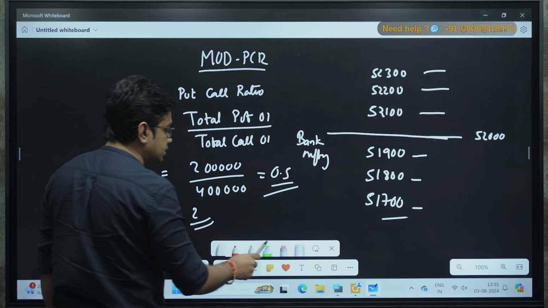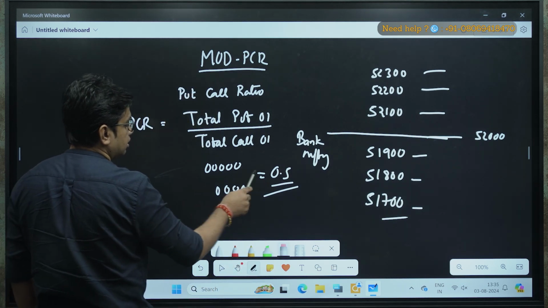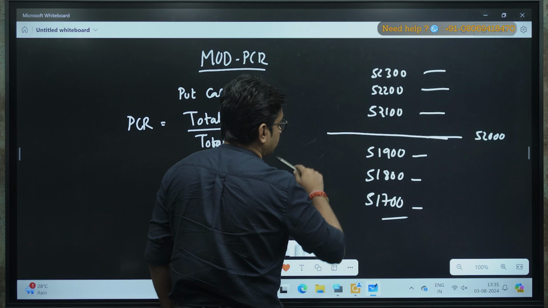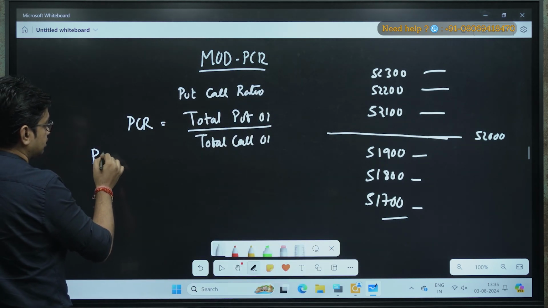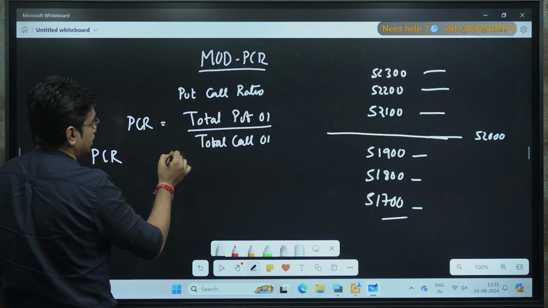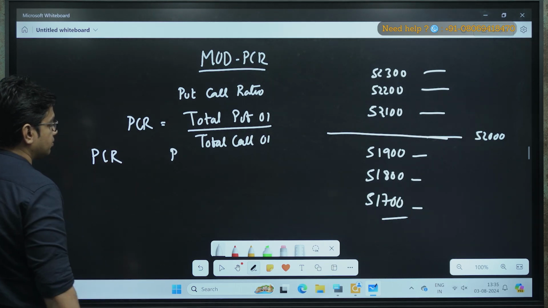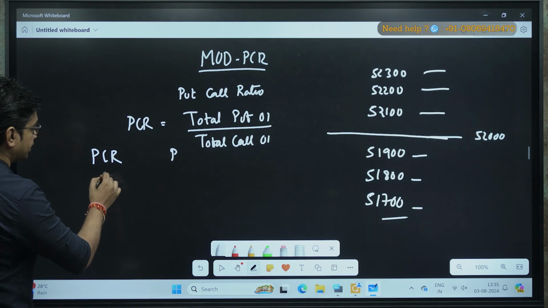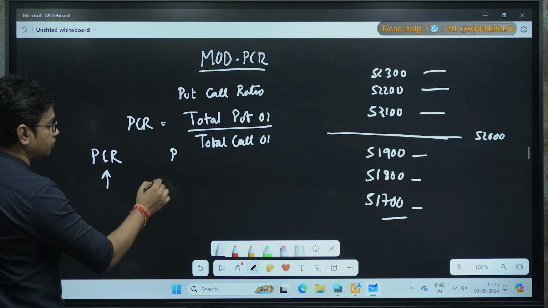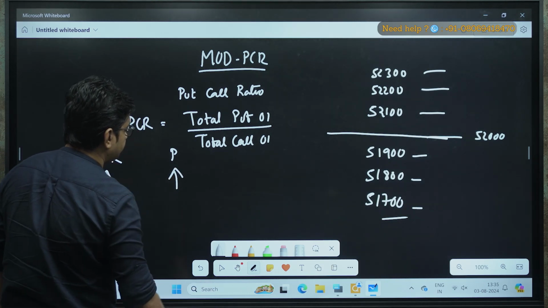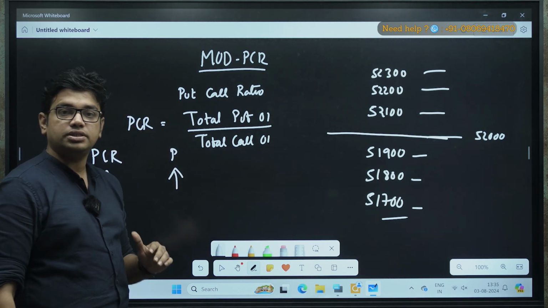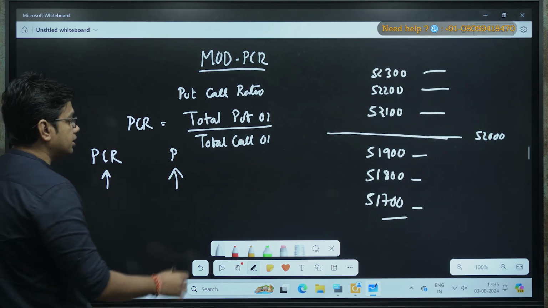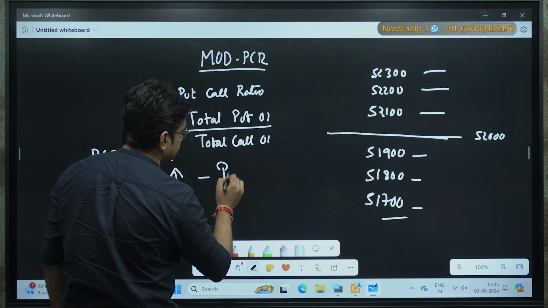In general, when I'm going with the PCR data, here I am going to write the price. When the PCR increases along with the price, as PCR rises and price also rises, then I can say the market is bullish.